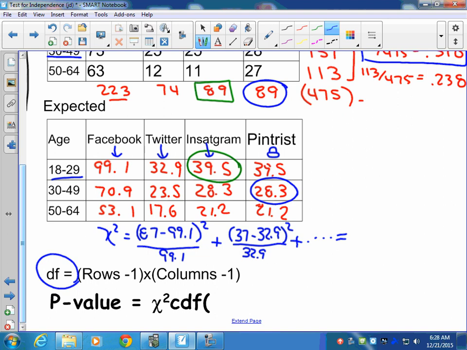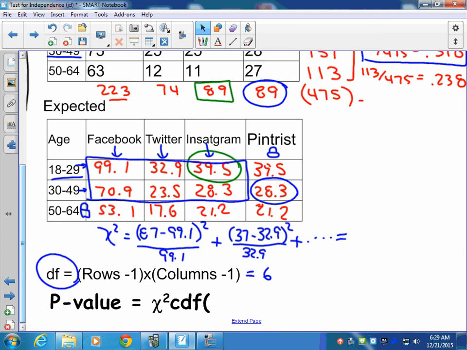Now, when I look down, I can manipulate the first two rows, but then this last category becomes locked in. So the area that I have freedom in are these inner 6 values. And that's where the rows minus 1 times columns minus 1 comes from. You're eliminating one category from your columns, or one category from your rows, and then the values that are left are the ones that you have your degrees of freedom with.